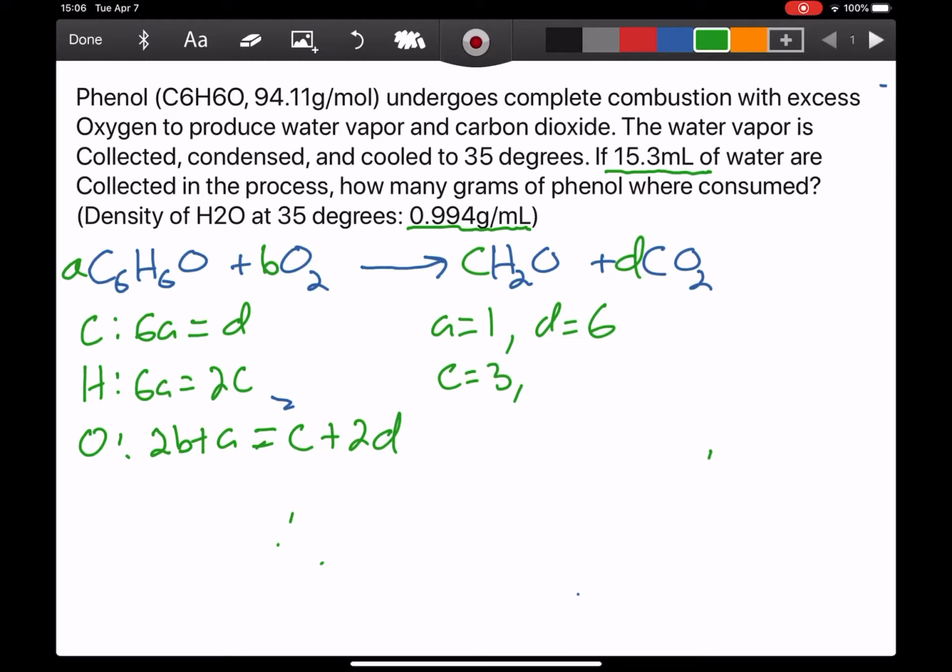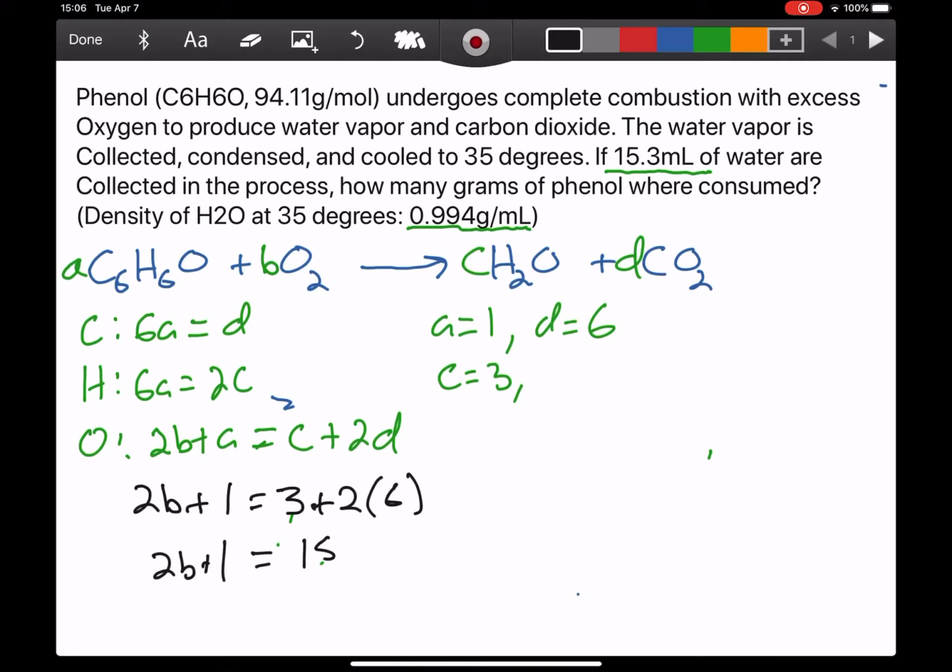And now with these three, I can solve for B. So if I set 2B plus A, which is 1, equal to C, which is 3, plus 2 times D, which is 6, well, over here I have 15. 2B plus 1, minus 1 from each side, so you have 2B is equal to 14, which means B is equal to 7.